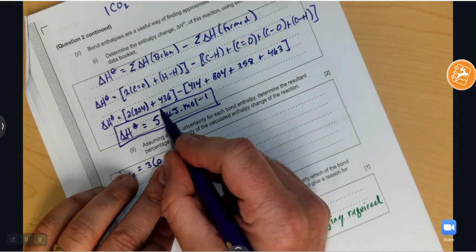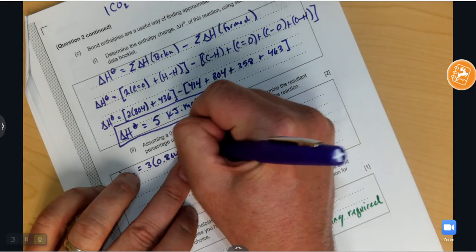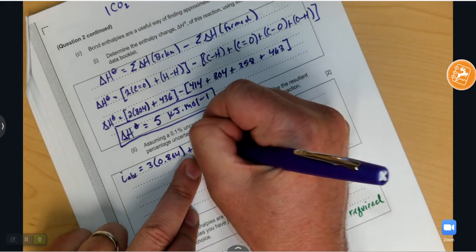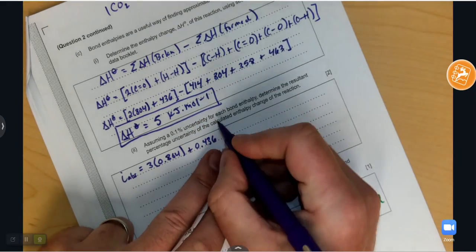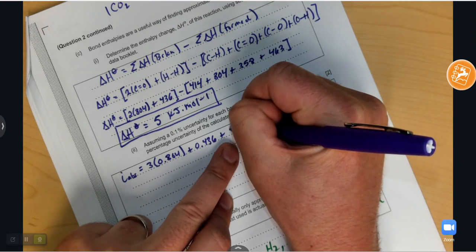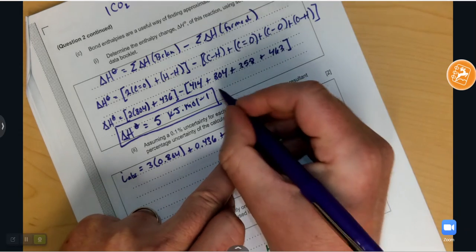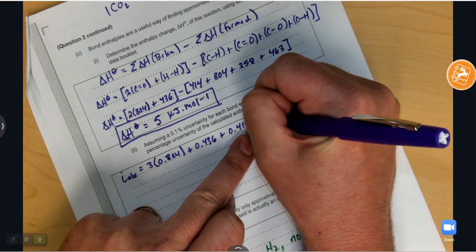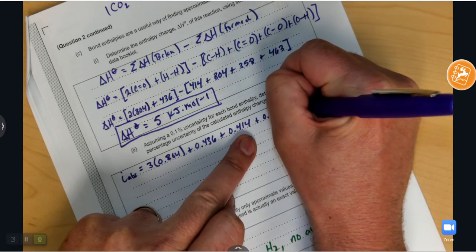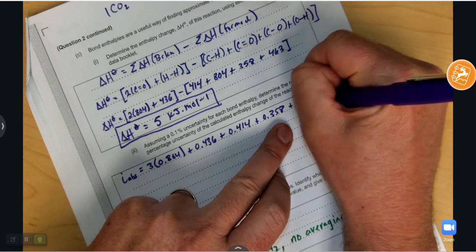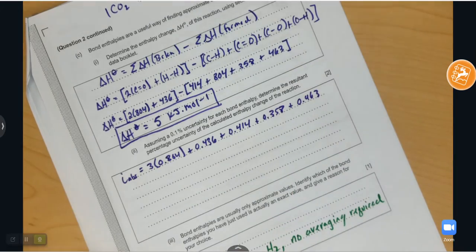Right, 0.1% of 804 plus 0.436 plus 0.414. I already considered that 804, so plus 0.358 plus 0.463.